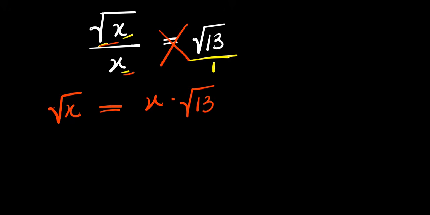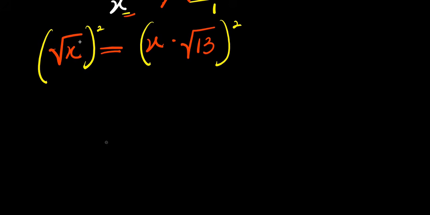So what I can do else will be to take the squares of both sides of this equation, and what happens here is that this eliminates this. I have x equals, for this I'm going to distribute this exponent to each of the terms here.